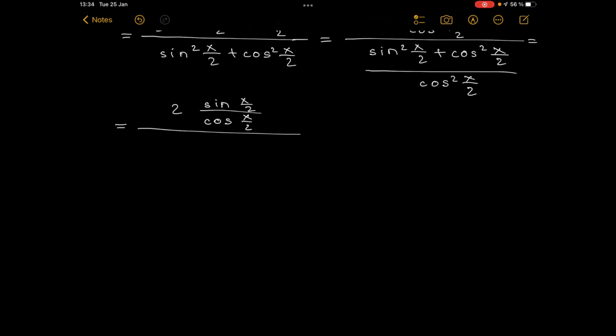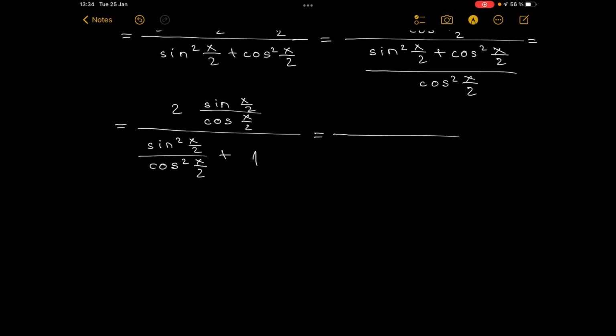And here in the bottom, we can separate these two terms as sine squared of x over 2 over cosine squared of x over 2 plus cosine squared of x over 2 over itself will just give us 1.